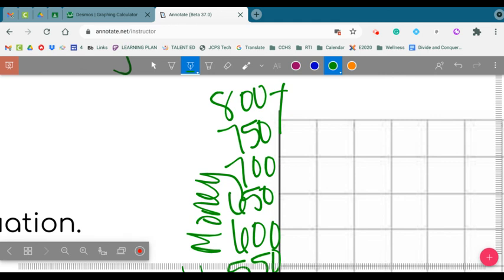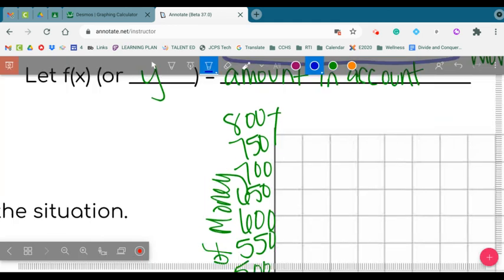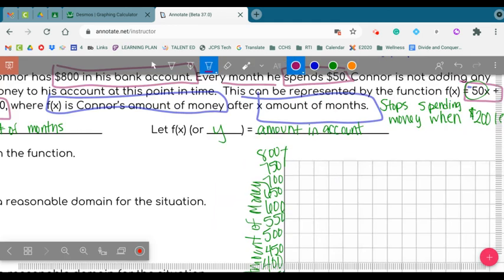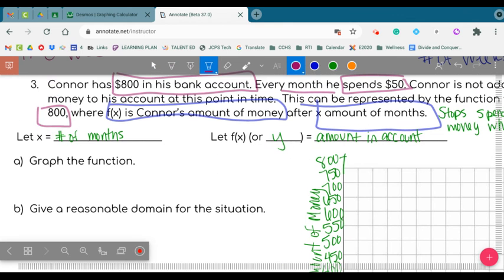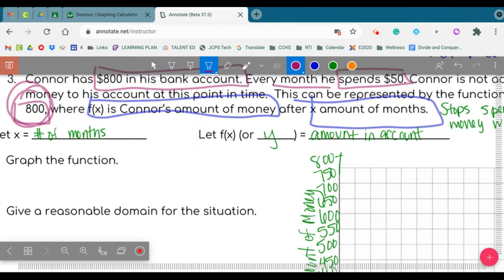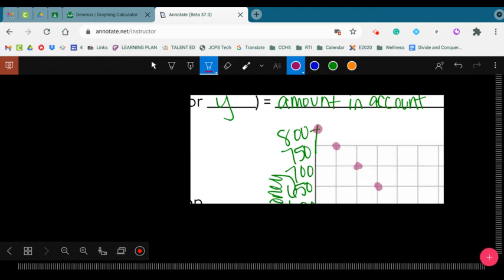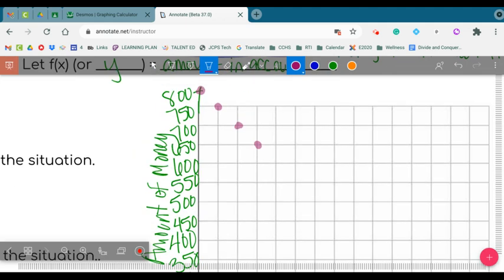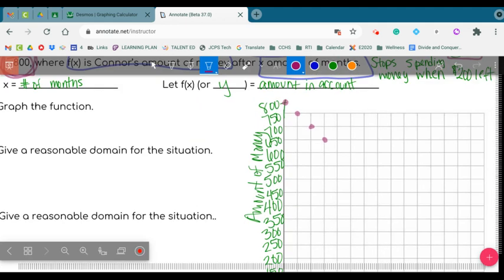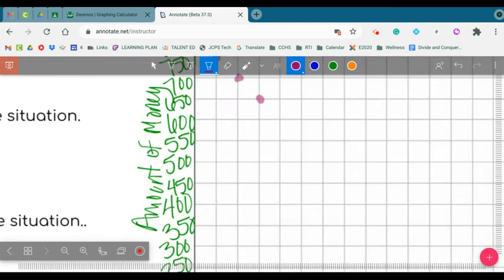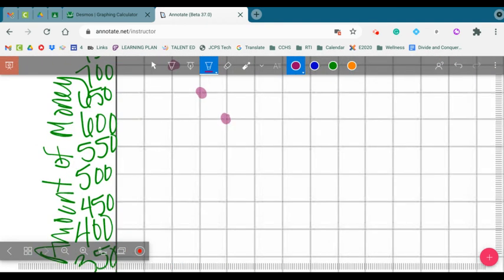That's okay. So our y-intercept we know is 800, because right here it tells us our y-intercept is 800. So we're going to plot that point. Then he's taking out $50 every month, so we're going to go down by $50 each month. Now, I told you that at $200 he stops taking out.